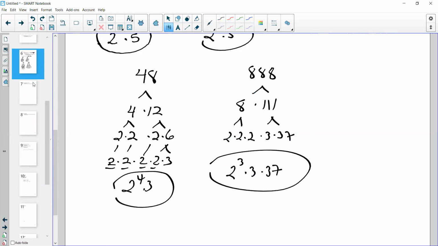So on homework, for any given number, I would like you to show me the prime factorization using that factor tree model, where you get it down to all primes, and then write it using your exponents.